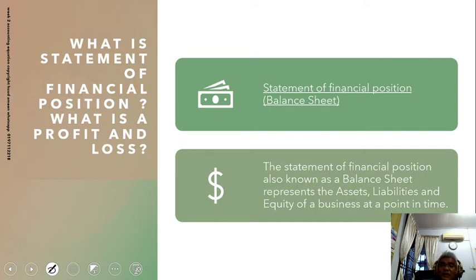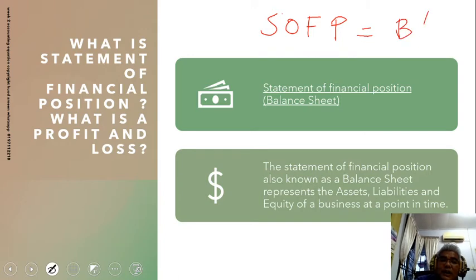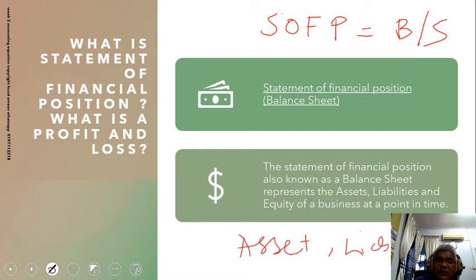So remember, SOFP is equal to balance sheet. In the balance sheet we have asset, liability, and also equity.